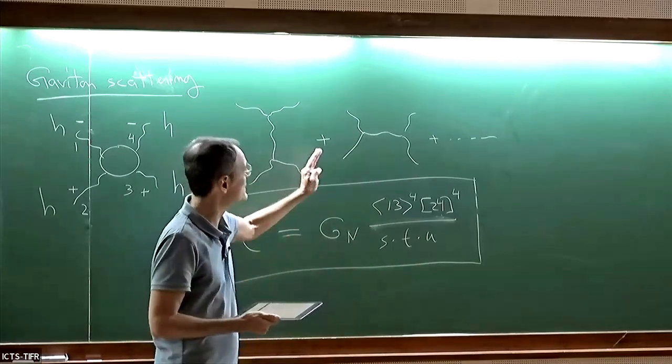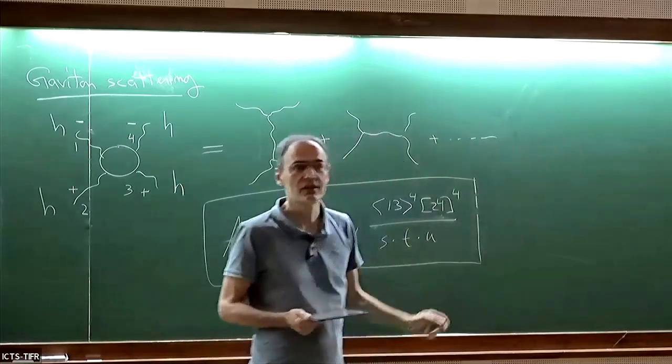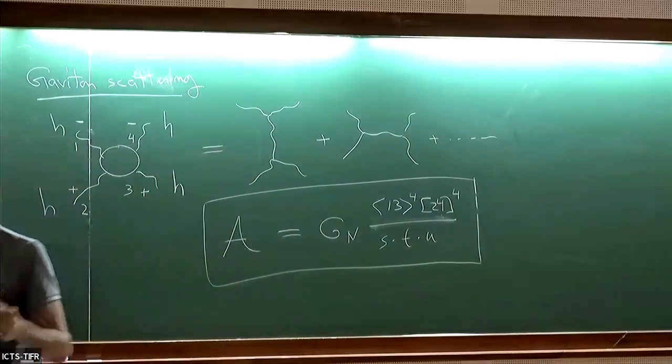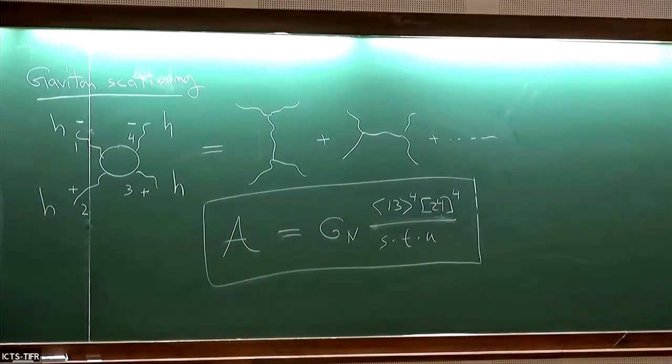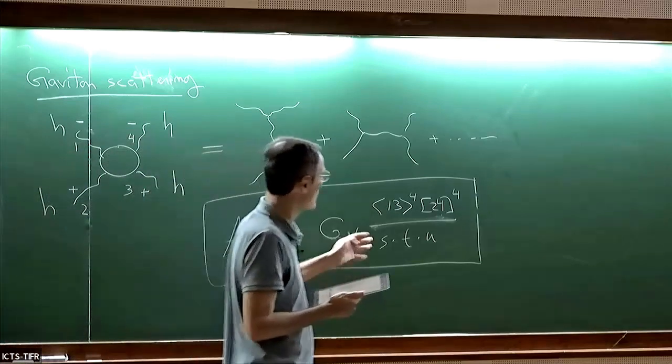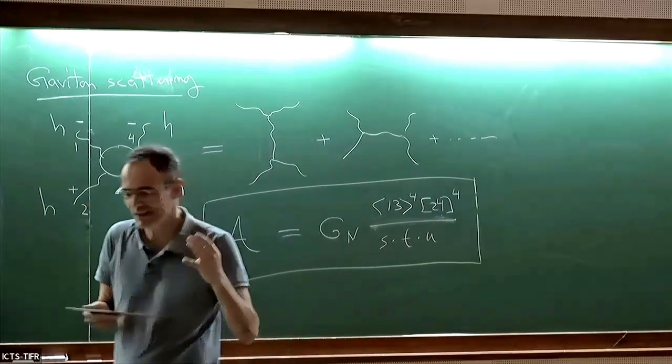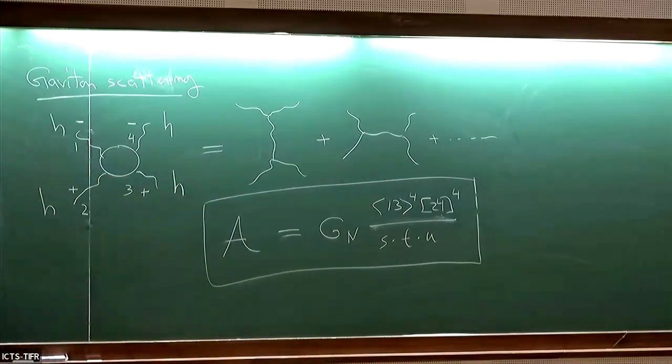But usually it is this plus this plus this plus this, so it's not clear you should factorize into something so simple. So this is the motivation: the amplitudes show a simpler structure.